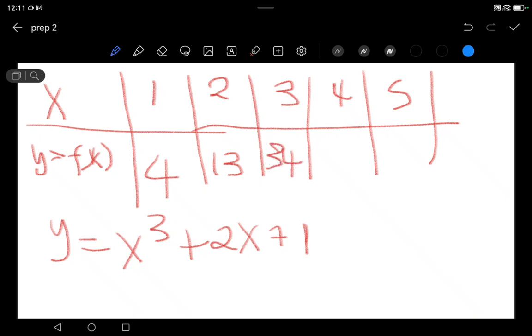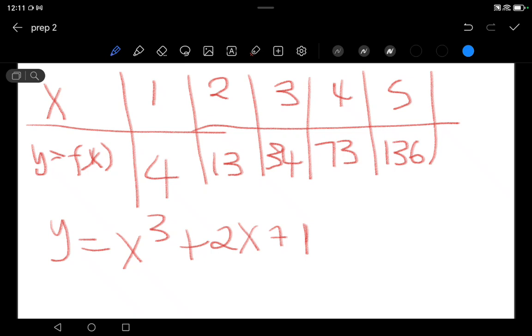When we substitute 4, it's 73, and when you substitute 5, it's 136. So when we construct a table, we start by drawing the table and then calculate the y values. To calculate y values, you just substitute the x values into your function.